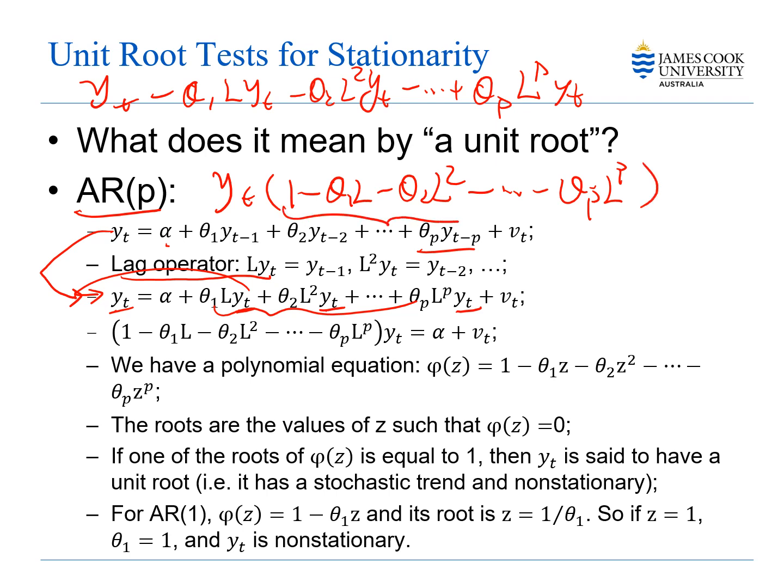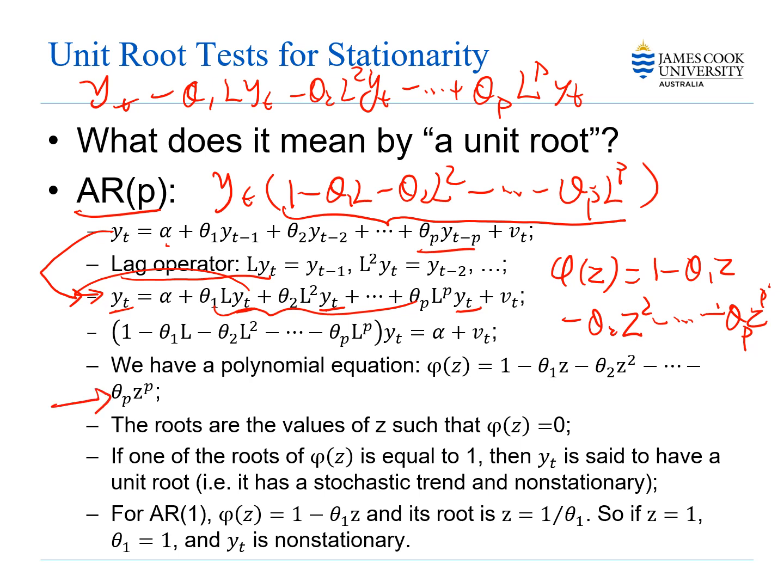And you know that this is a polynomial function on L. So more generally, we can write this as phi(j) equals 1 minus theta_1 j minus theta_2 j^2 minus theta_p j^p. So it's this.